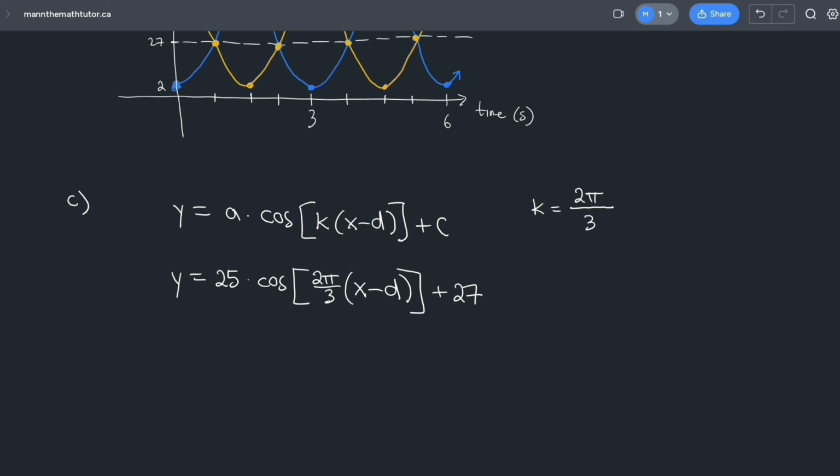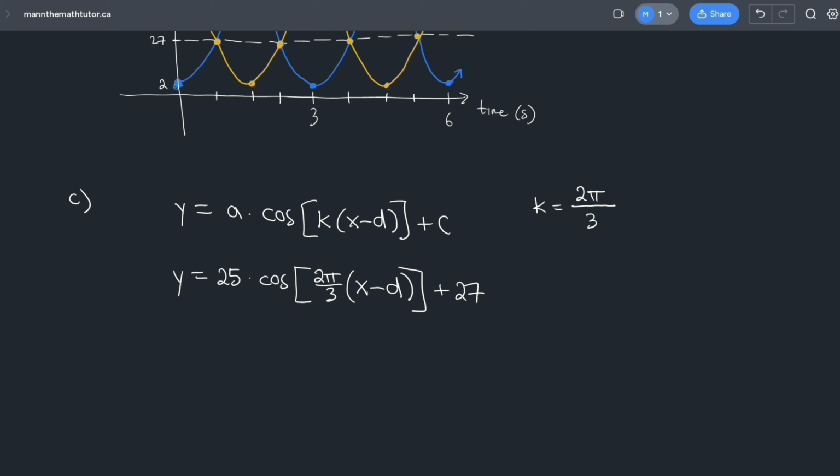So all we need to do then is to tack on a negative in front of our A value and eliminate the need for any D value. So what would that give us right here? That would give us y is equal to negative 25 cosine 2 pi over 3 x plus 27. All right, so this would be our final equation.